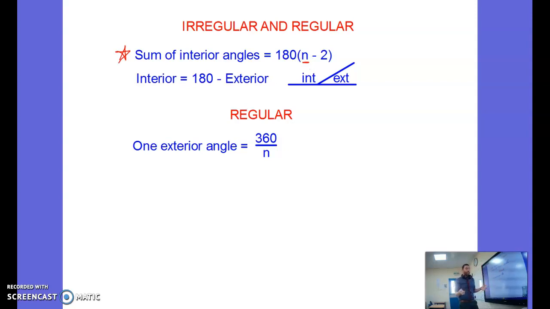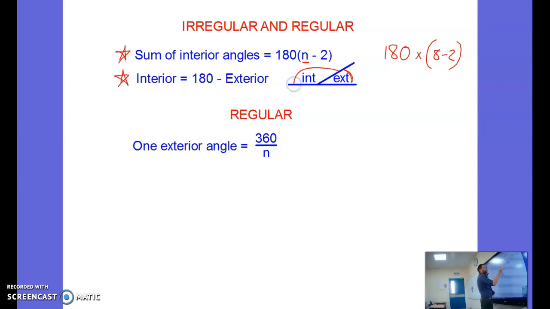So, for example, if we have an 8-sided shape, we would be doing 180 times 8 minus 2, which is 6. 180 times 6 would be the calculation to find the total of all the interior angles in an octagon.